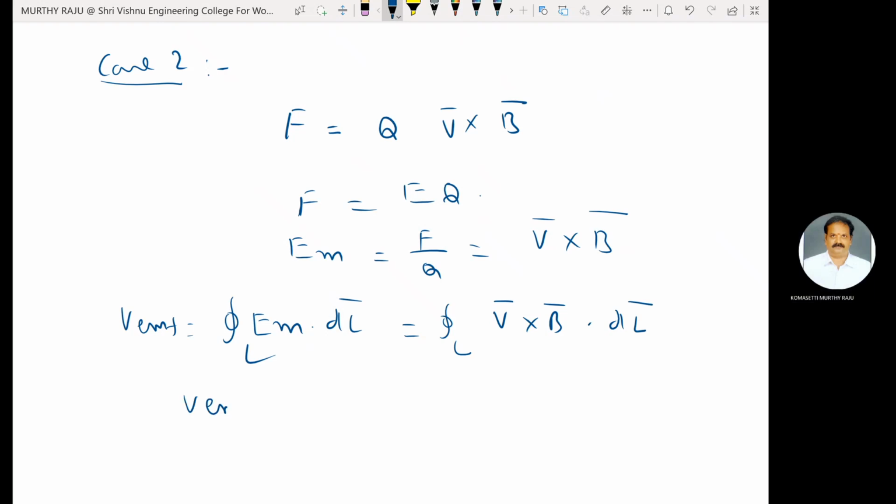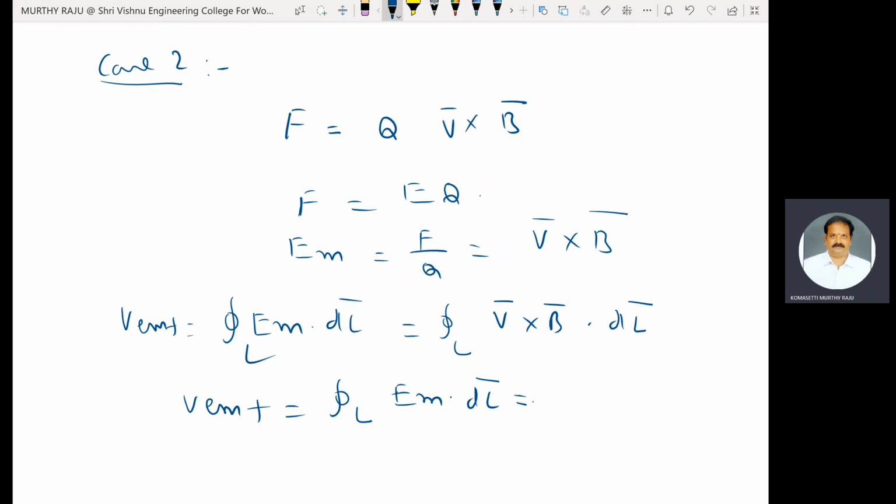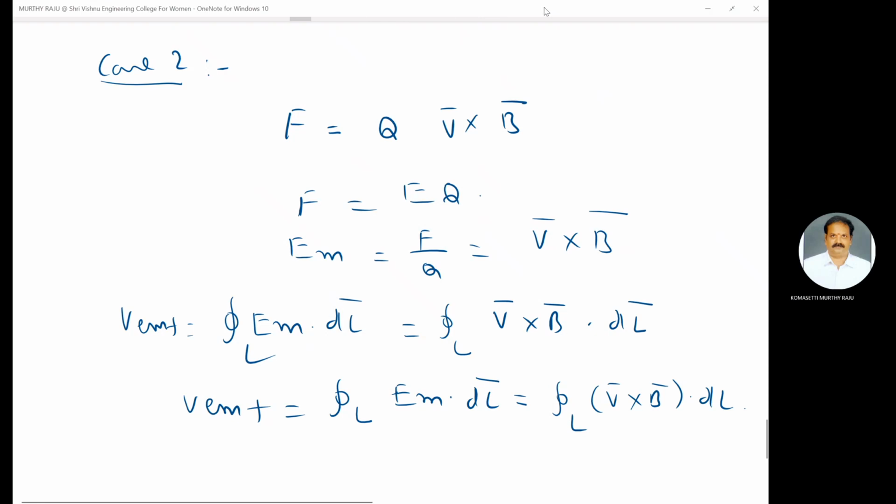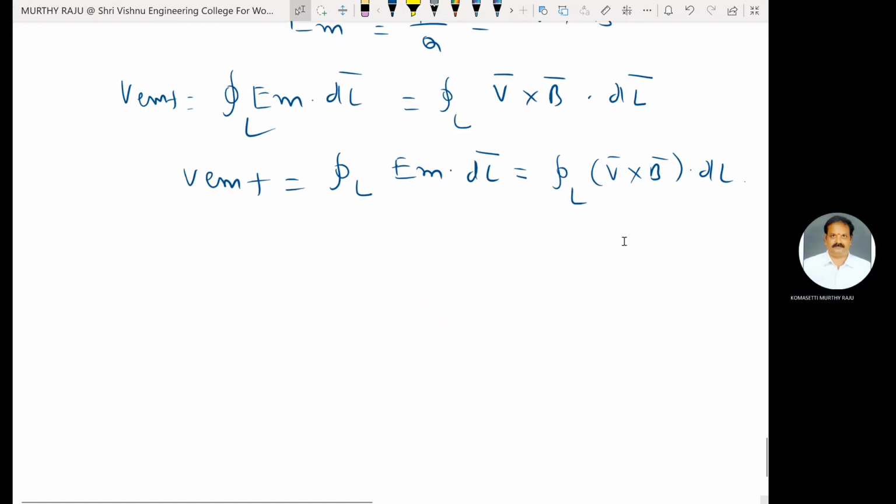Therefore, VEMF is equal to the integral over L of Em dot dl bar, which is equal to the integral over L of V cross B bar dot dl. This is case 2: the conductor is moving but the magnet is fixed.